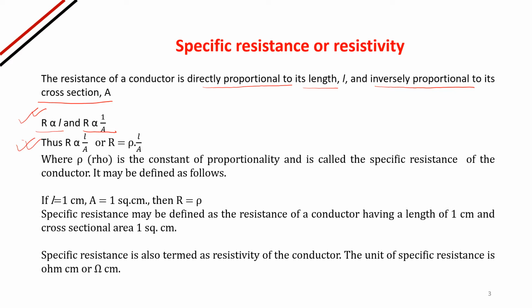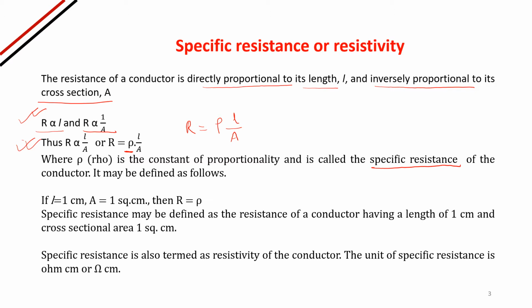To remove that proportionality sign, there will be a constant. That constant is known as rho. So what we are getting, R equals rho L by A. You are familiar with this formula, where rho is the constant of proportionality and it is called specific resistance of the conductor.